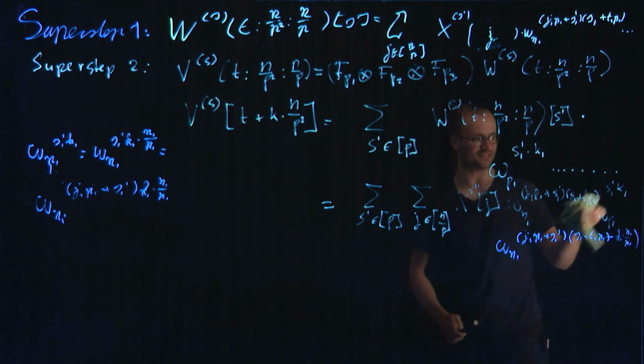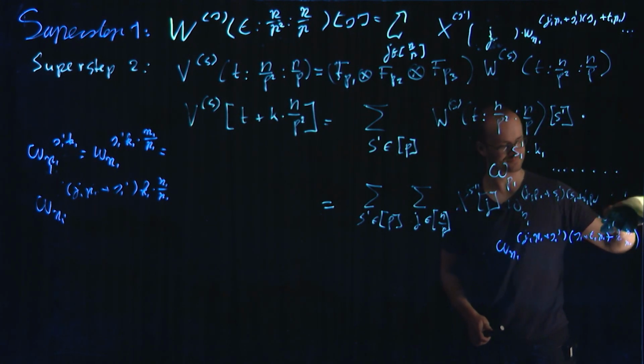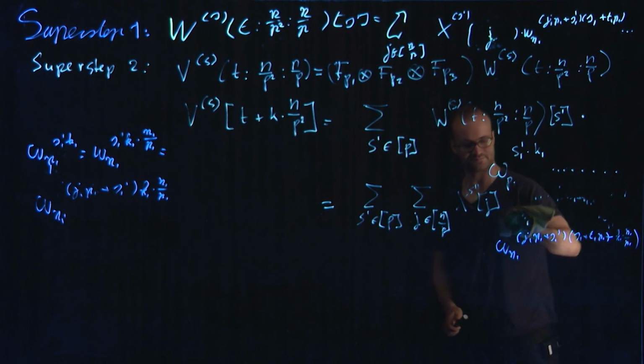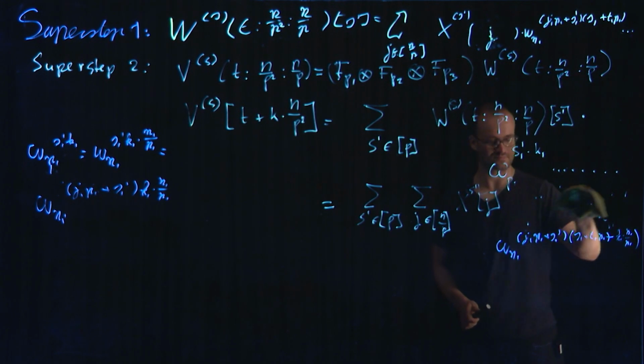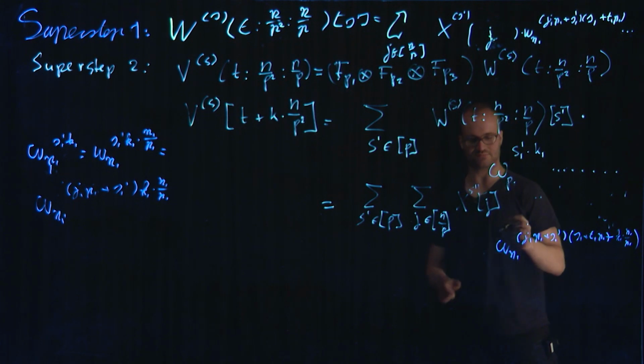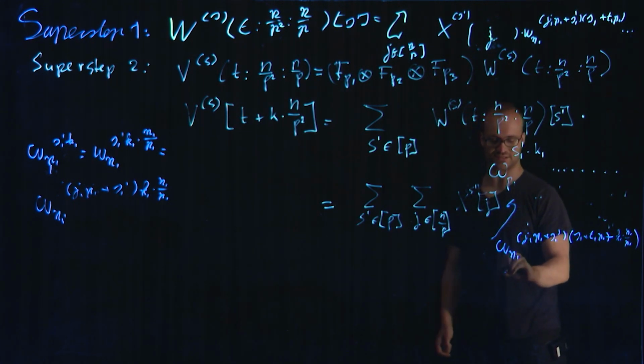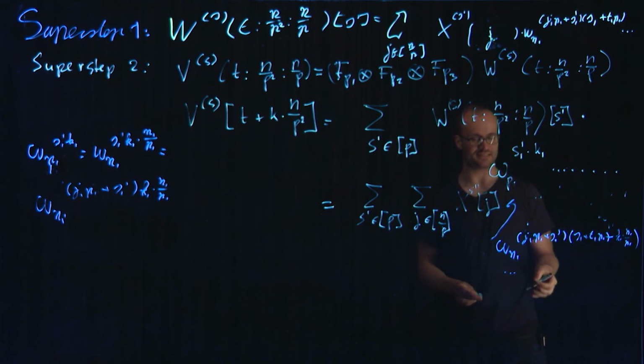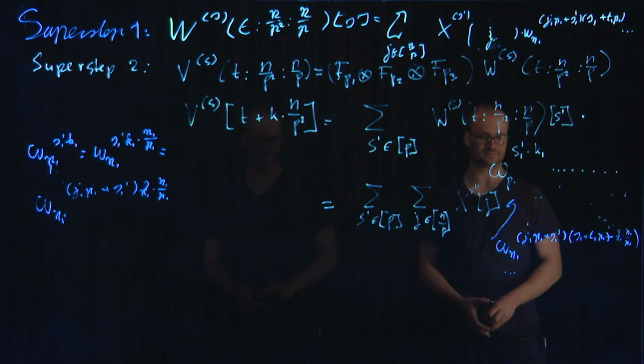I will erase this thing over here. So this is going to become our new factor. And of course we have to do this for the second and third dimension as well.